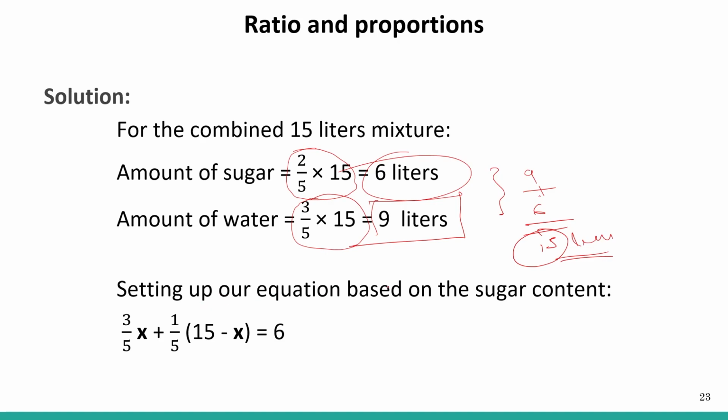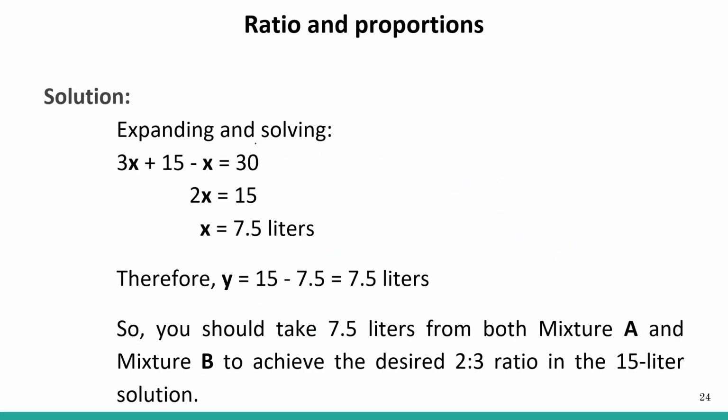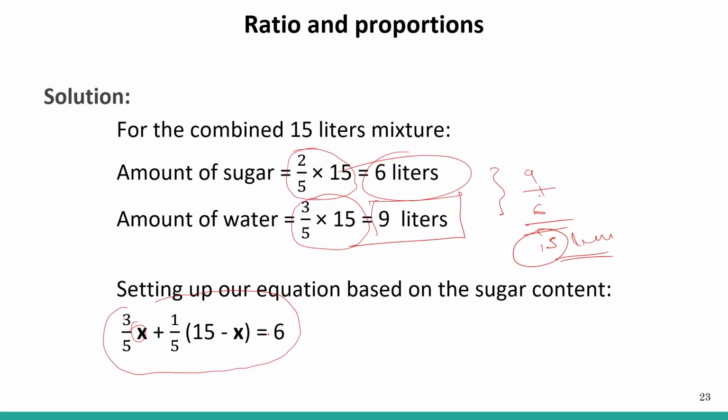So setting up our equation based on the sugar content, 3/5x is equal to 6 minus 1/5 into (15 minus x), or we can also say that 3/5x plus 1/5 into (15 minus x) is equal to 6. If we solve this, we are left with 3/5x plus 3 minus 1/5x is equal to 6.